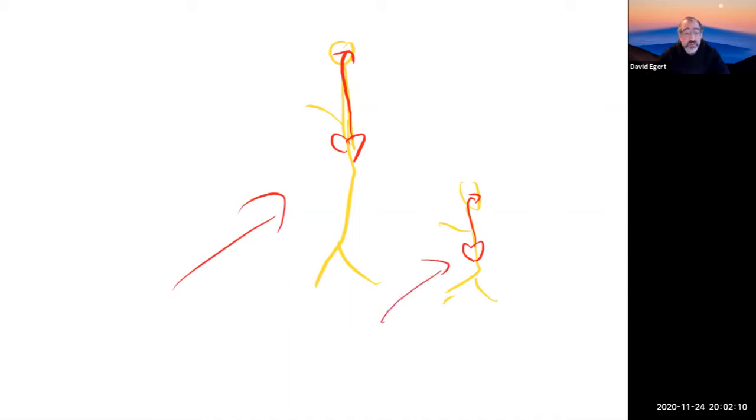There's more stress on your cardiovascular system if you're much taller. It's kind of interesting, but anyway, that's more on the side.